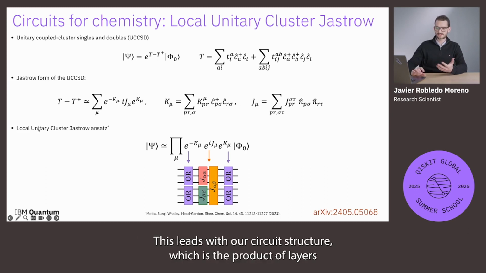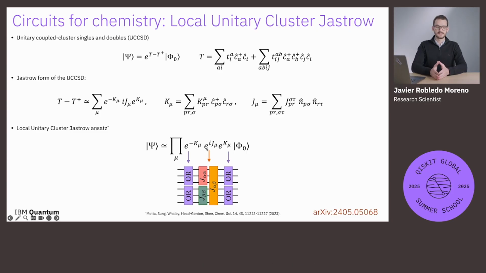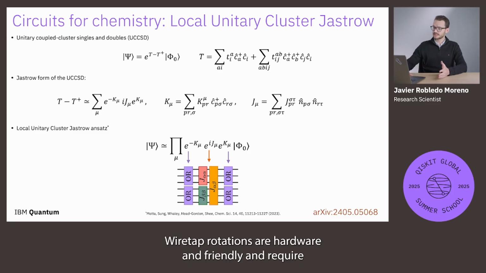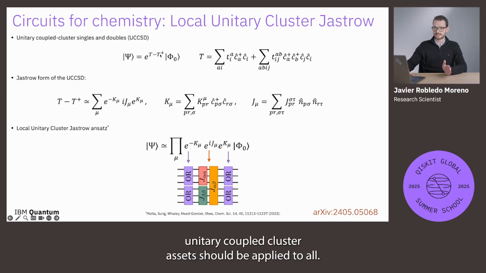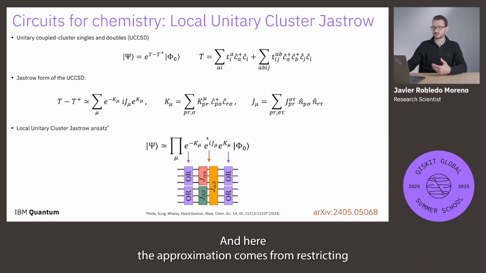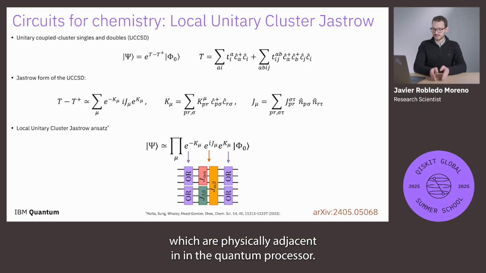This leads to a circuit structure which is the product of layers of orbital rotations that surround a density time evolution. The orbital rotations are hardware friendly and require linear connectivity to be implemented. And these density interactions, in principle, to be able to exactly match the unitary coupled cluster ansatz, should be all-to-all. And here the approximation comes from restricting these density interactions to only be applied to qubits which are physically adjacent in the quantum processor.